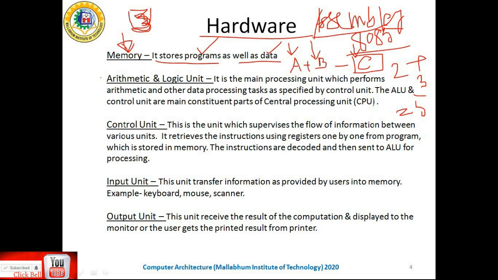Okay, that means the ALU and the control unit together comprise the central processing unit of the computer. All of you know what the central processing unit is. Another component of the CPU is the register unit, a collection of different registers used to hold data or instructions temporarily.